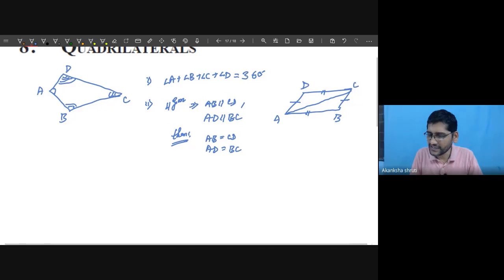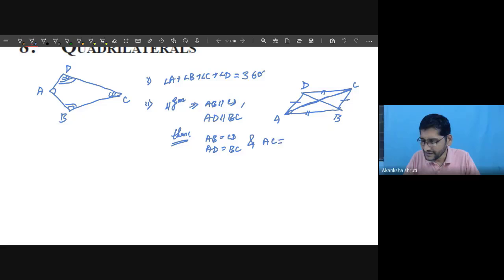Though opposite sides are equal, their diagonal lengths are unequal. If the diagonals also become equal, then it becomes a rectangle. That's the only difference. So AC not equal to BD.